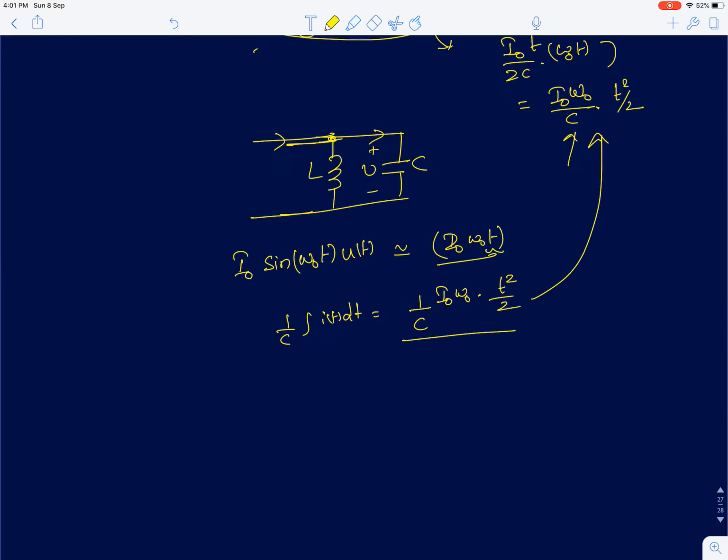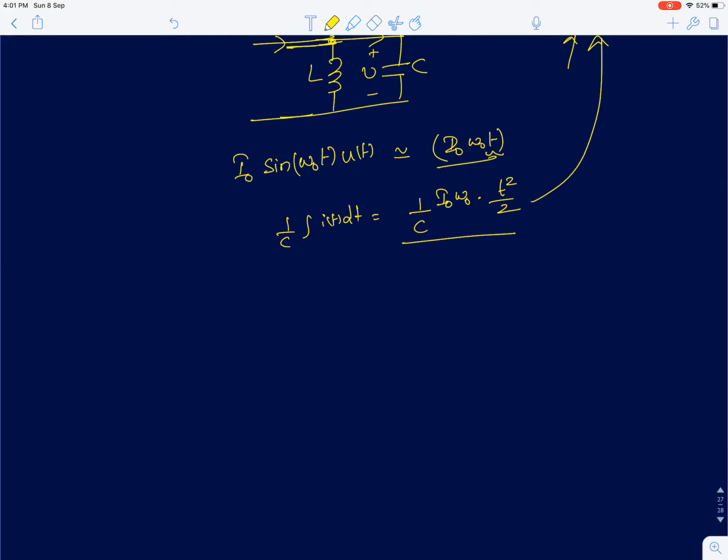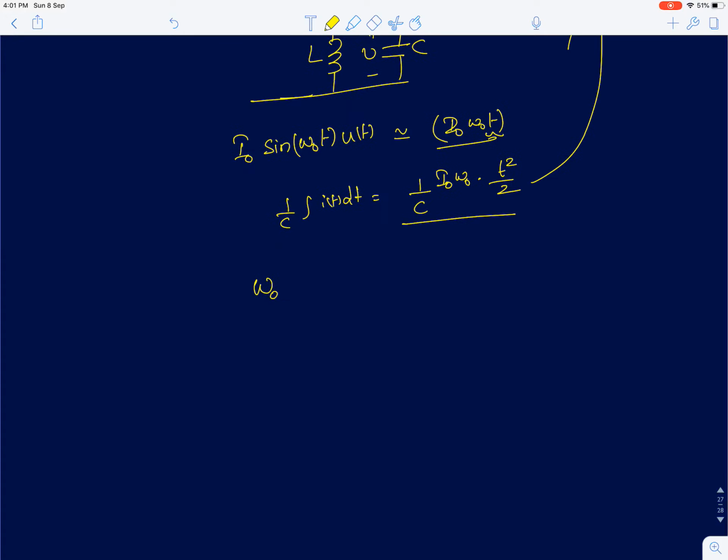Okay. So when I feed a sinusoid of frequency which matches the resonant frequency, then the output of this parallel LC circuit will be a linearly growing sine wave. So the sine wave will be linearly growing like this.